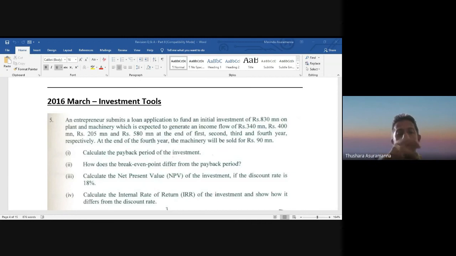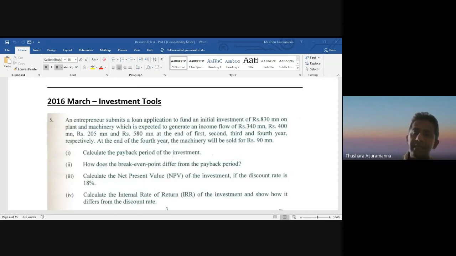Then come to the third one. They have given 18% as the interest rate. Using the 1 divided by 1 plus r to the power n equation, you can compute the discounting factors for year 1, year 2, year 3, year 4. Year 0, obviously, the discounting factor is 1 because n is 0, whatever you multiply, the answer comes 1.